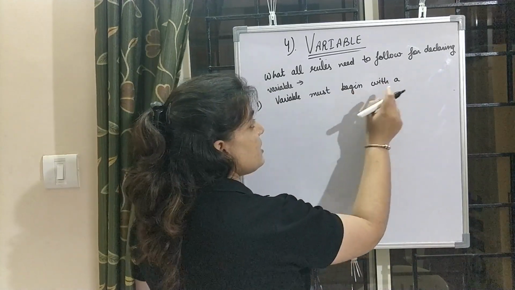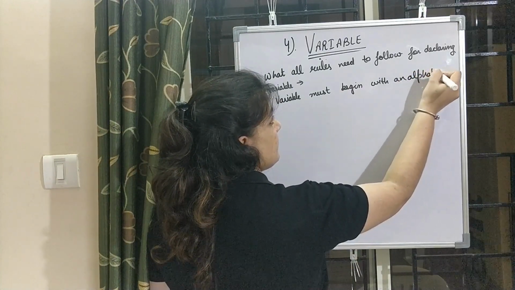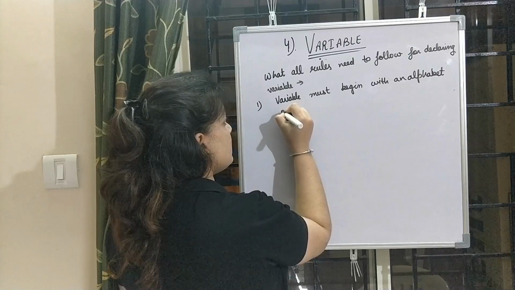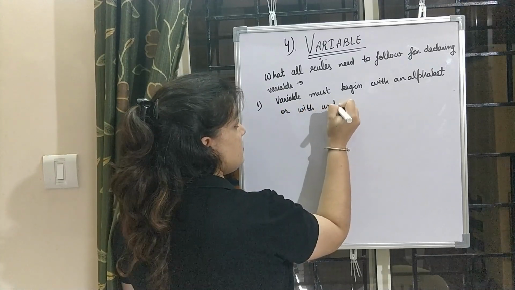A variable must begin with an alphabet or with an underscore.